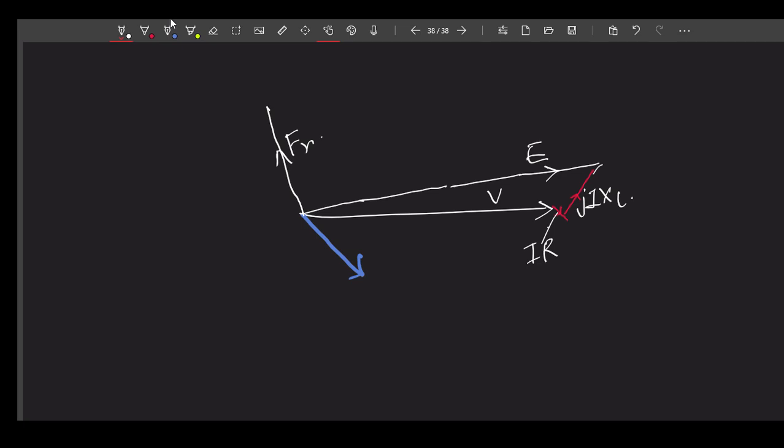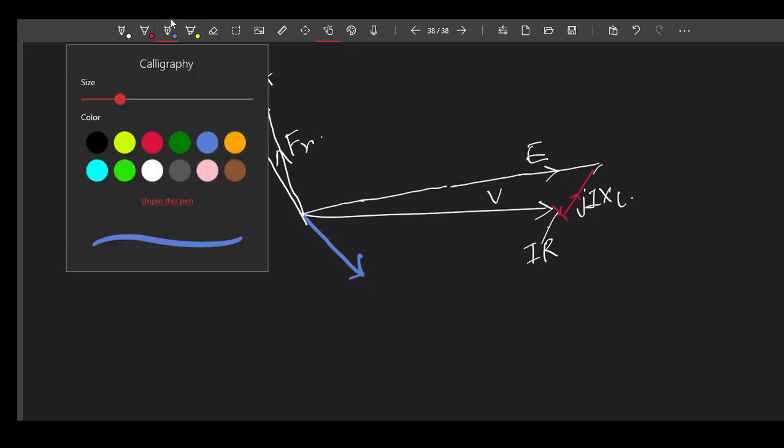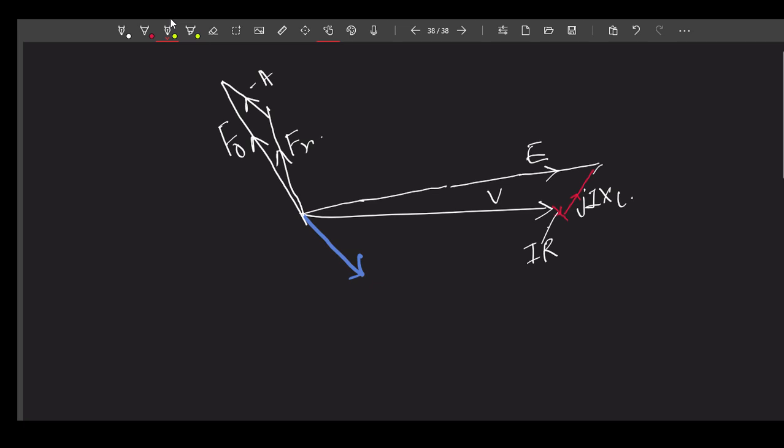Then let us draw minus A, and from this F naught we can draw E naught, making an angle 90 degree with F naught.